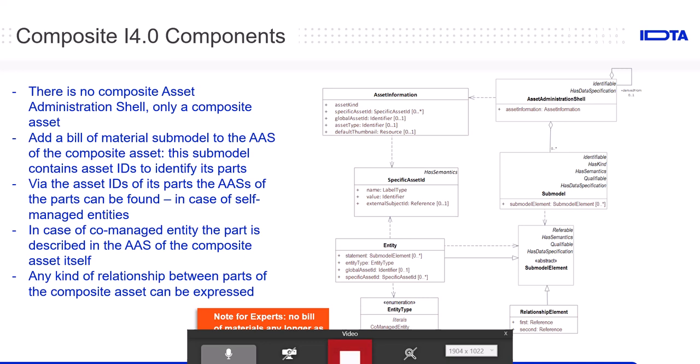Some don't, and this is what we call a co-managed entity, and this we also support. So a co-managed entity is really described within the asset administration shell of the composite asset. But in very complex assets where all the parts have their own asset administration shell, then we call it a self-managed entity. And again, this is then found via the global asset ID of the asset.